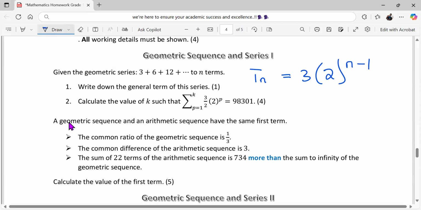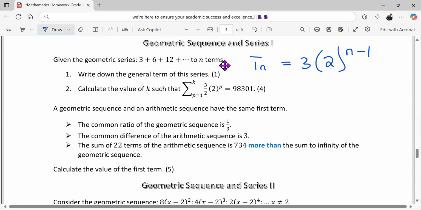A geometric sequence and an arithmetic sequence have the same first term. The common ratio of the geometric sequence is 1/3. The common difference of the arithmetic sequence is 3. The sum of 22 terms of the arithmetic sequence is 734 more than the sum to infinity of the geometric sequence.